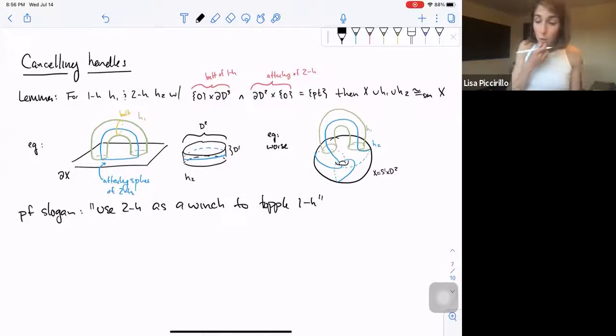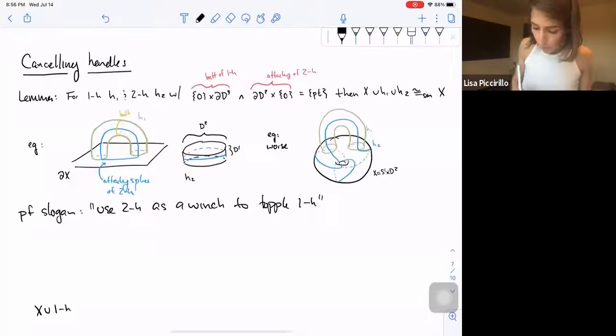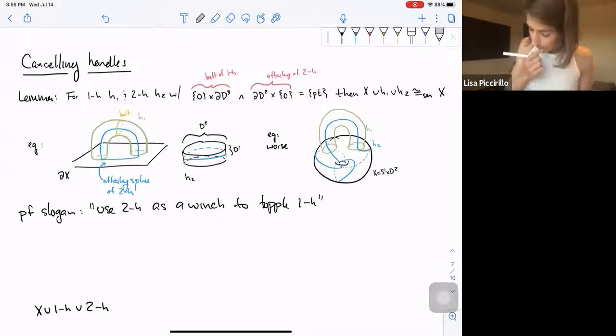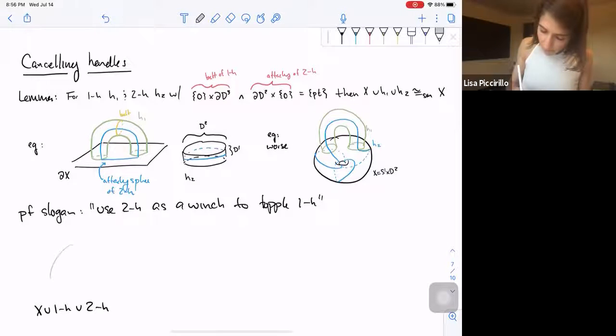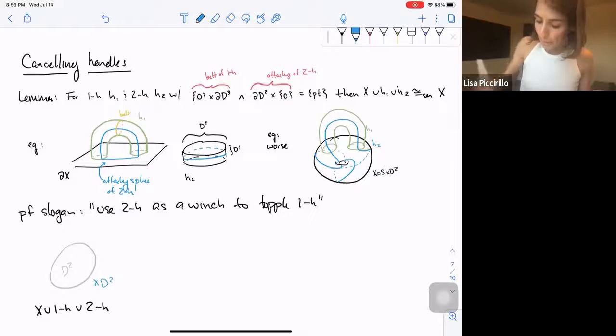All right, so what does that mean? If I look at the manifold X union my 1 handle, union my 2 handle, I'm not going to draw a picture of it, but I know that somewhere in there is my 2 handle, which basically looks like a D2. It's been thickened up, but I'm suppressing that thickening from the picture.